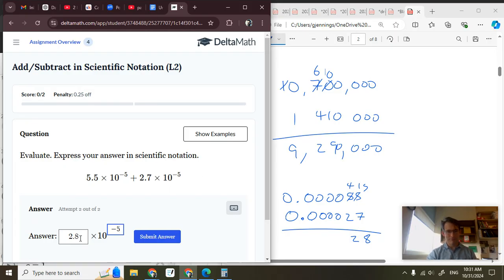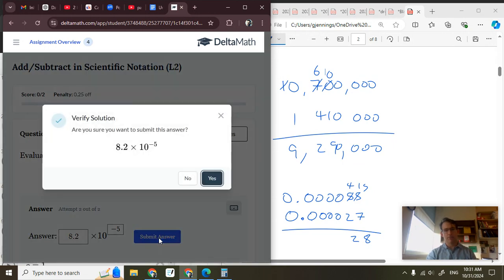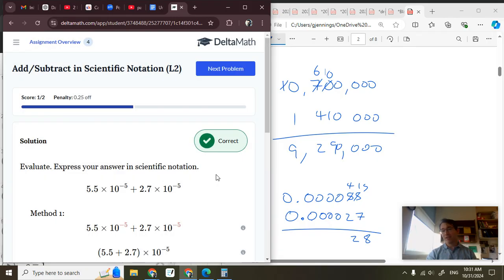Thought it was subtract. Read the question carefully, Mr. Jennings. All right, so 5 plus 7 is going to end in a 2, and then that's carrying a 1, so we're basically 6 plus 2 is an 8, so that's 8.2 times 10 to the minus 5. It's interesting, it's just flip the digits. Wow. Yay. Okay, so I'm adding, I'm not subtracting, all right?